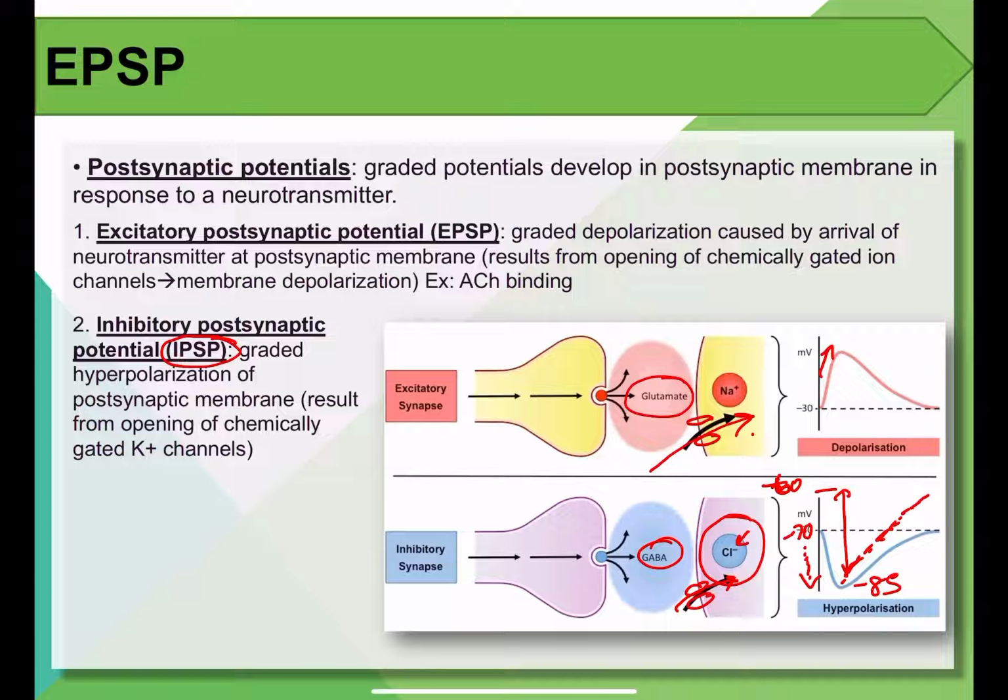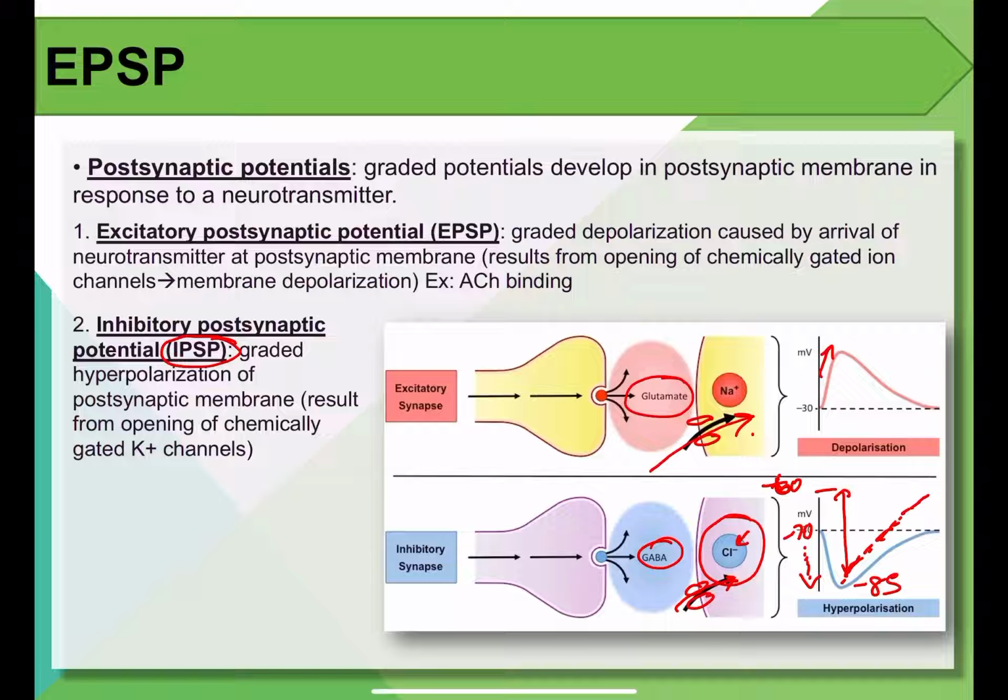So another way that an IPSP can happen is if the neurotransmitter opens chemically gated potassium channels, and there are those too. We've just been talking about voltage-gated potassium channels down the length of the axon for repolarization, but at the dendrites, for example, or the cell body of a neuron, there can be chemically gated potassium channels where a neurotransmitter can bind to a potassium channel, open it, and cause potassium to flow out of the cell.